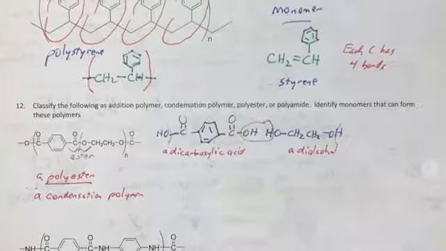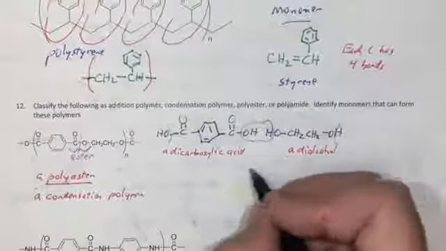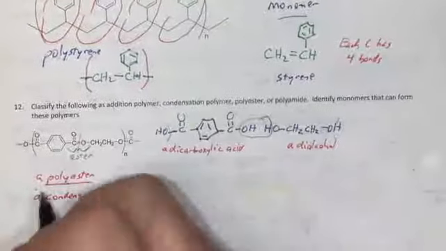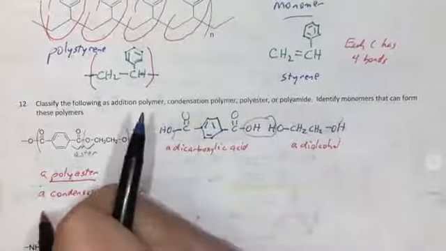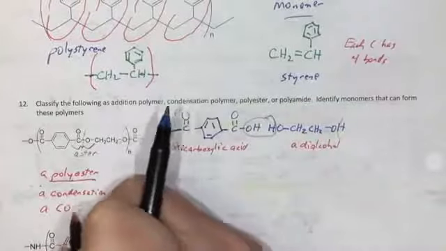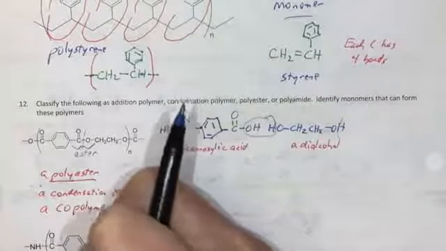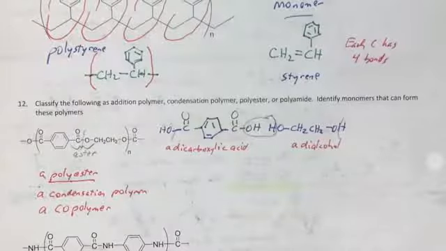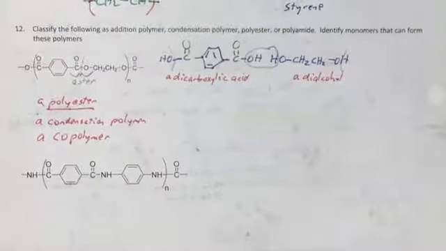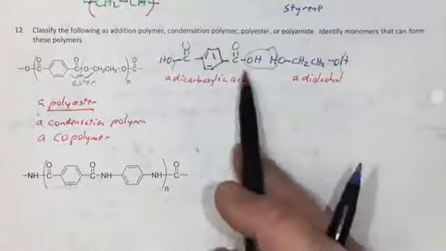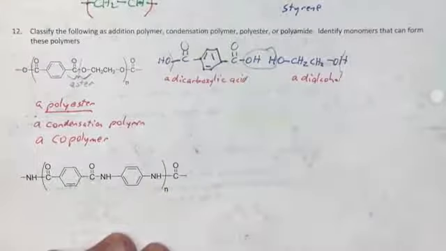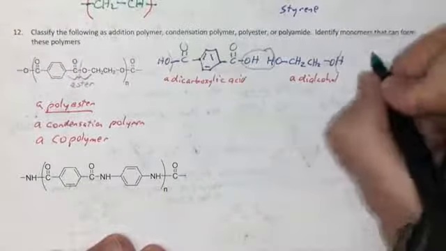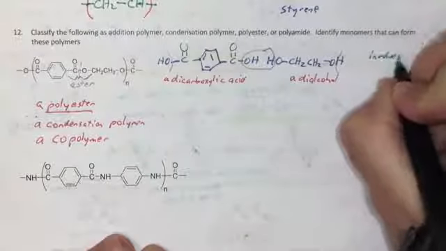Now, since I have 2 different molecules, two different monomers that make this up, the polymer is also called a copolymer. A copolymer is a polymer that is made up of two different monomers. So this involves the loss of water.